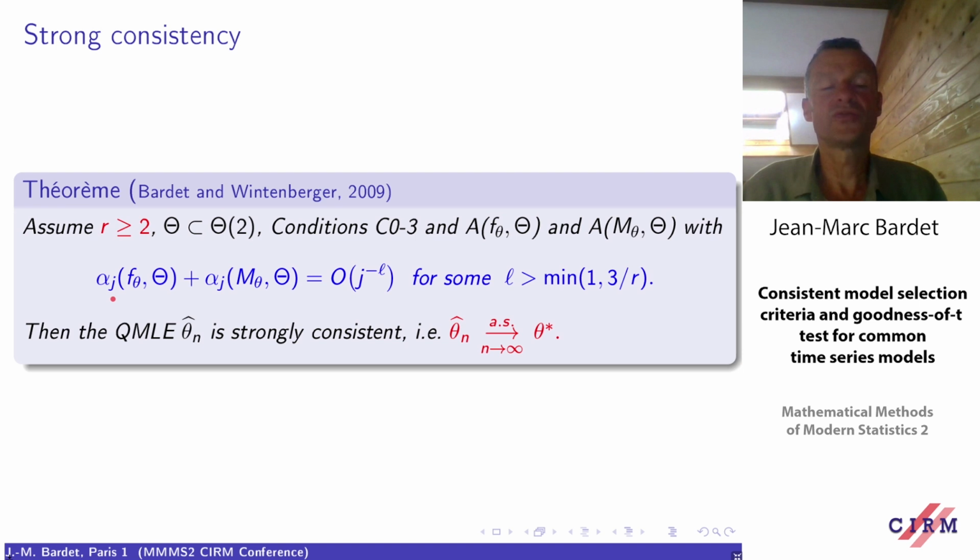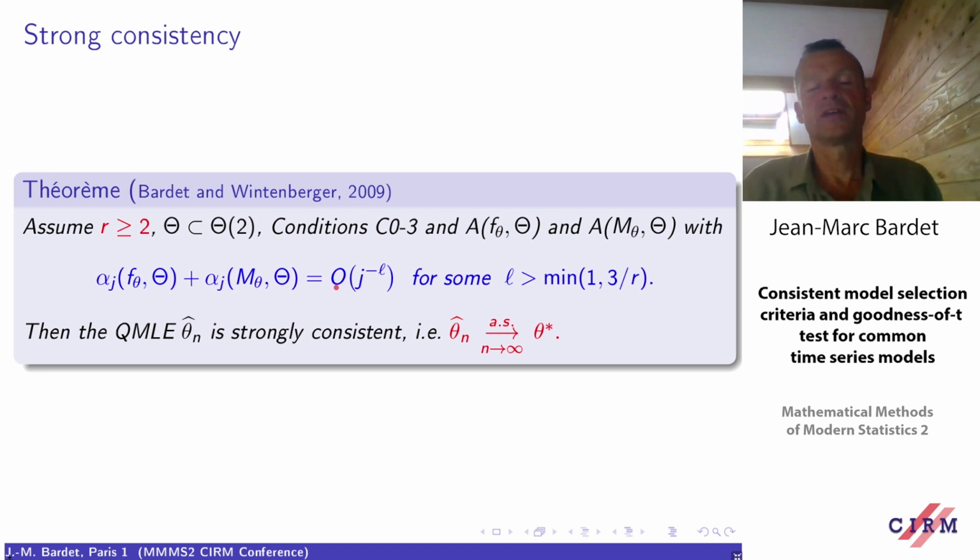The condition is the following: assume that r is greater than or equal to 2 and all the other conditions hold, and also that the decreasing rate of the Lipschitzian coefficients is not too slow.